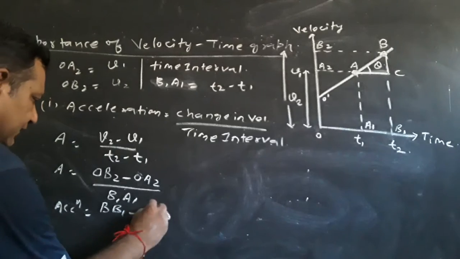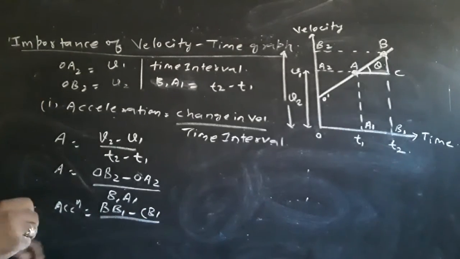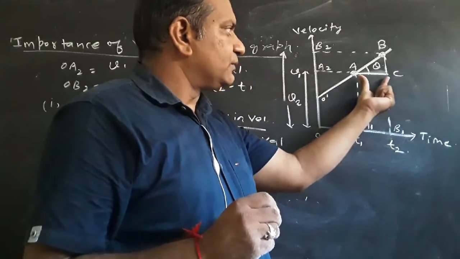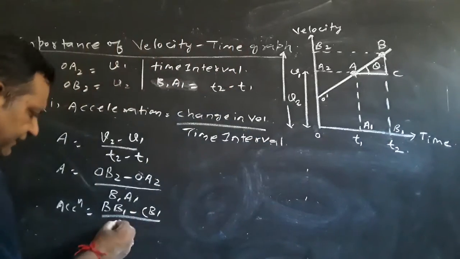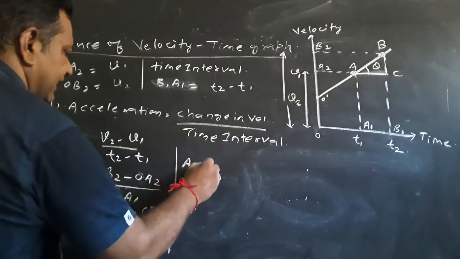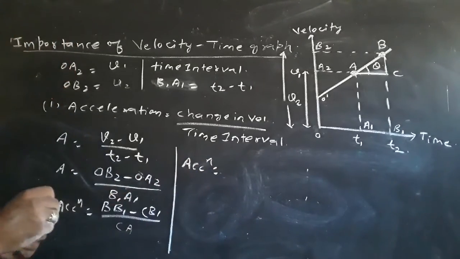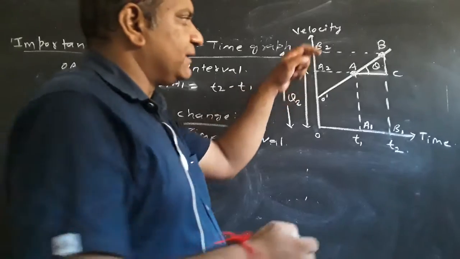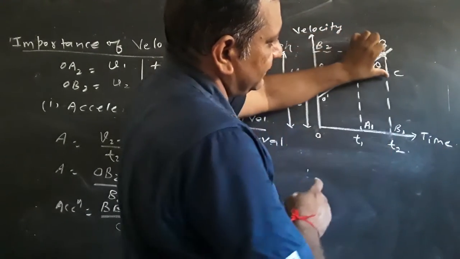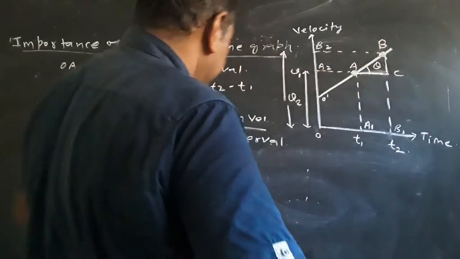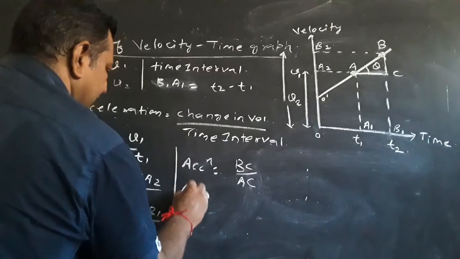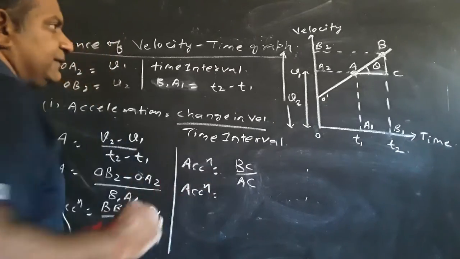This is upon B1A1, which is equal to CA. Now acceleration equals BB1 minus CB1, which will be equal to BC. So this is equal to BC upon AC. Acceleration is equal to BC upon AC.